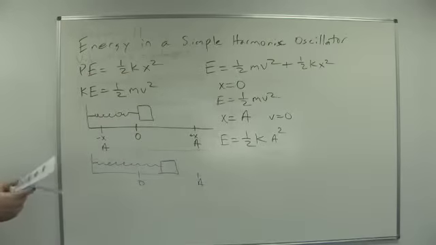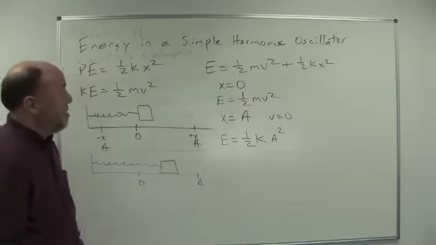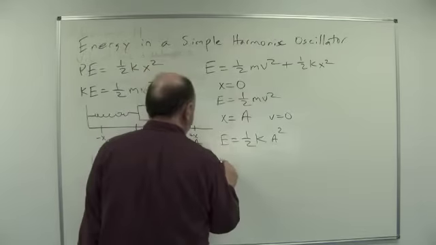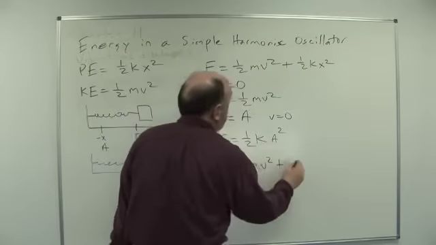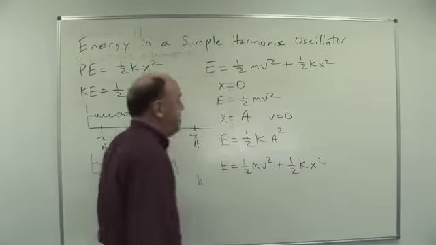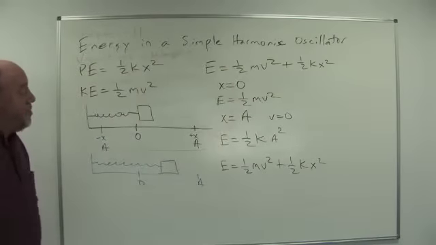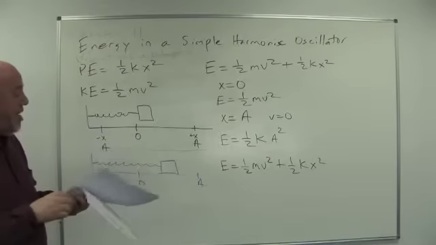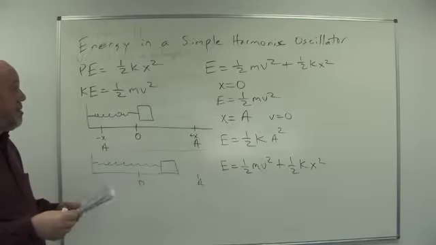Right? And so when it's at some point in between, the energy now will be due to this entire equation. Right? So when my block is somewhere in between, it has both potential energy and kinetic energy in it.